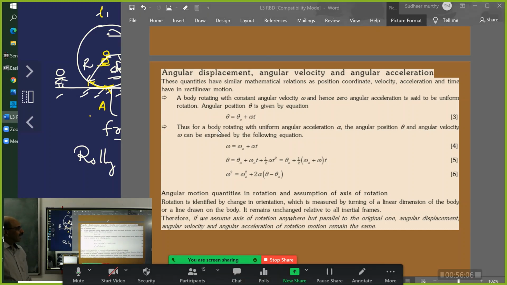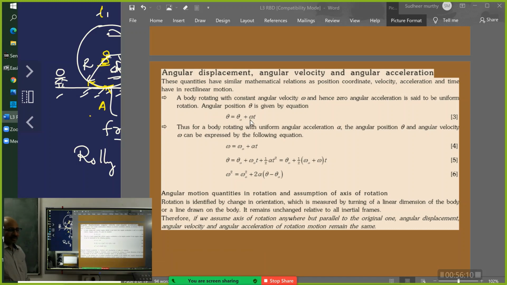This is linear displacement: x is equal to x naught plus vt. For angular displacement, similarly, we get the angular displacement equation. So the particle is moving with velocity v.